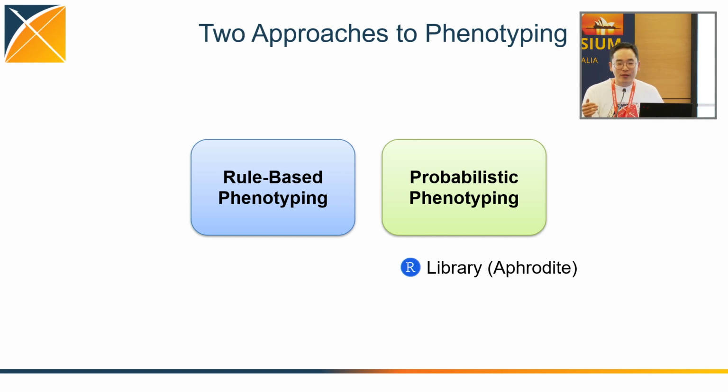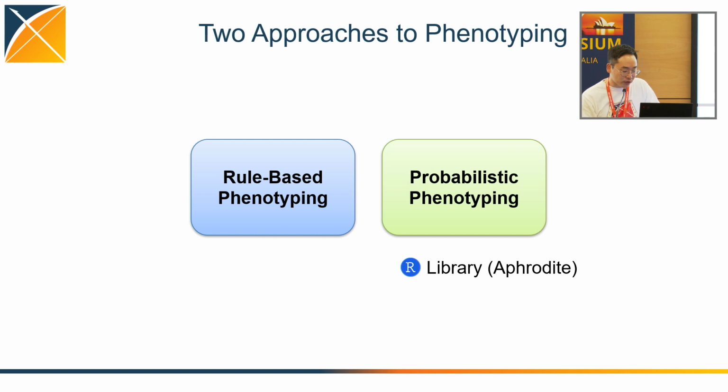So even though we have a clear cut for diabetes, actually the disease is not just a binary thing. It can be a continuous thing, and we can make some probability of having some conditions.